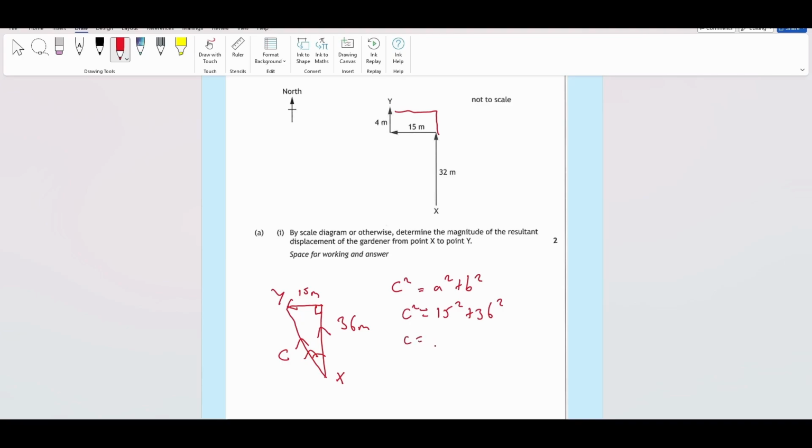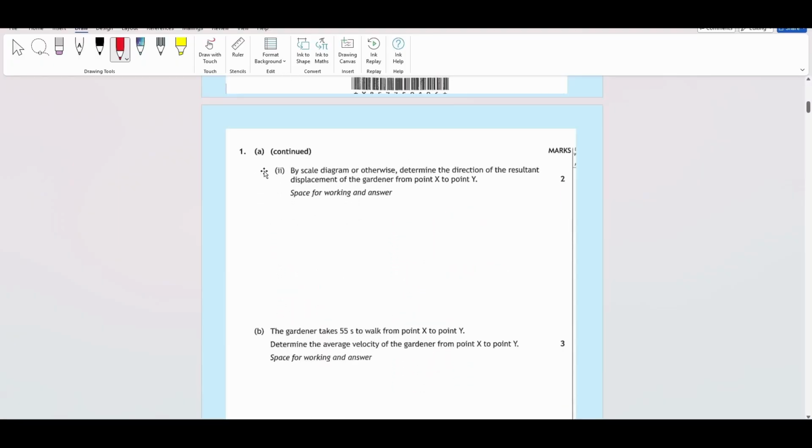And then c is equal to the square root of 15 squared plus 36 squared. If I put that into my calculator, that's 39 meters for the displacement. So I'm going to double underline that, and that's question 1a, part 1.